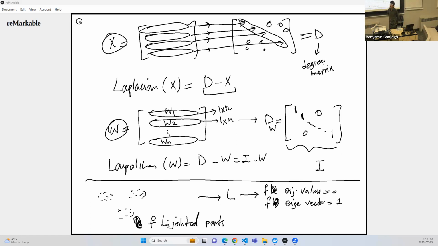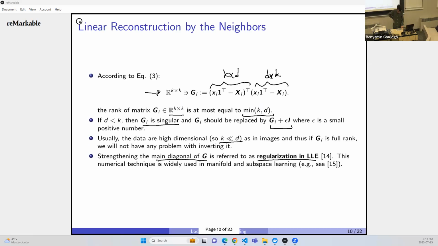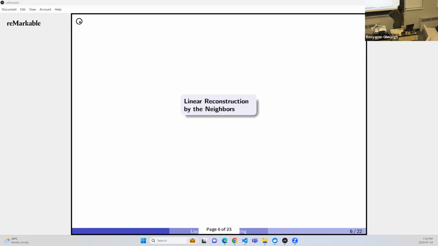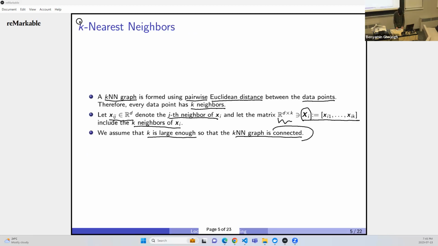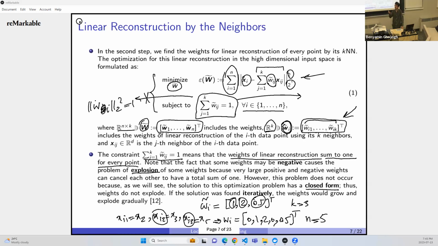Now, do recall what I said in step 1 of LLE. I said we assume that we have chosen K in a way that the graph of data is connected. Therefore, how many parts does the graph of W have? When it is connected, how many parts is it? Please tell me.